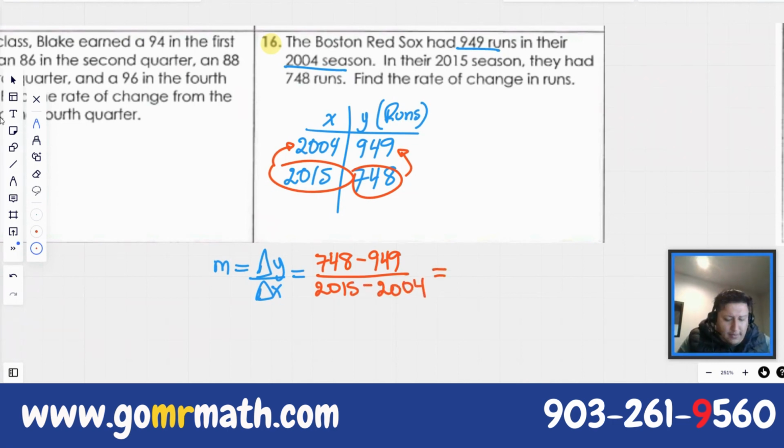Okay, let's solve this. This is negative 18.27 runs per year. Remember, it has been 9 years.